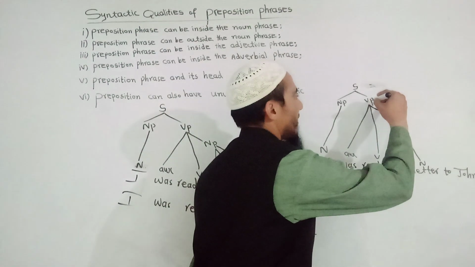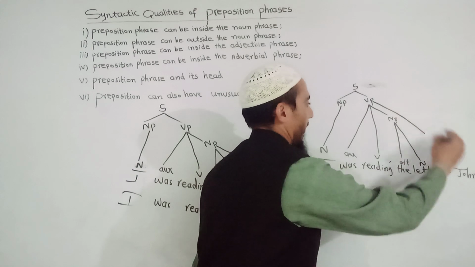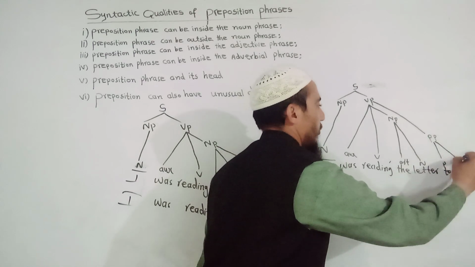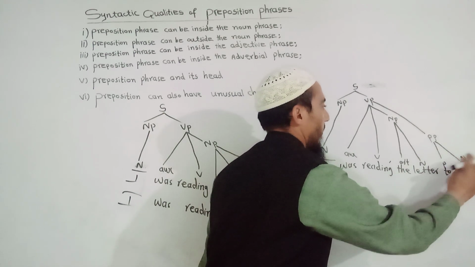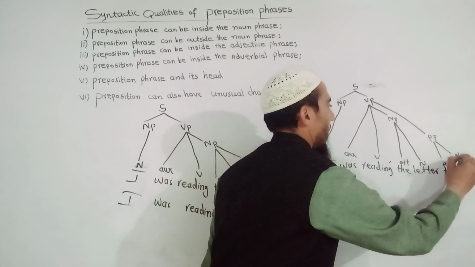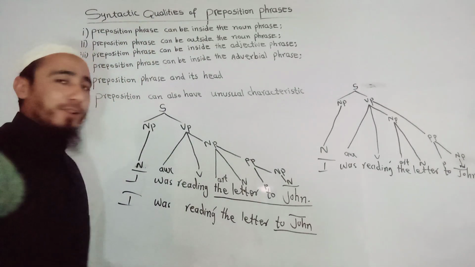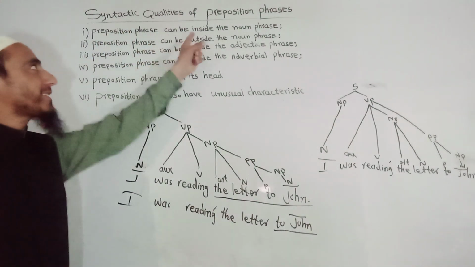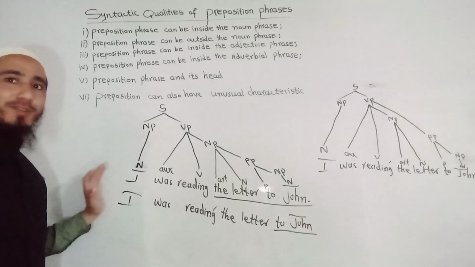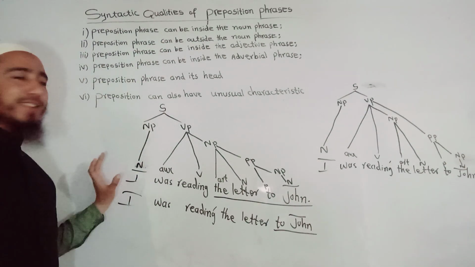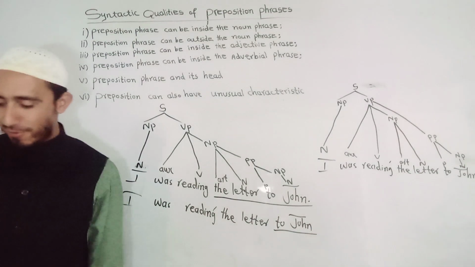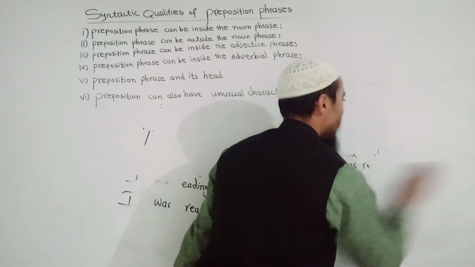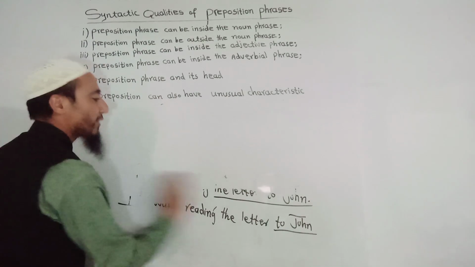So the string would be separate, under VP, and that is PP and P. And that is John, which is NP and then N. So listeners, you see here that, as I explained, the prepositional phrase can be inside the noun phrase, which this example shows, and the prepositional phrase can be outside the noun phrase, and it is shown by this example.